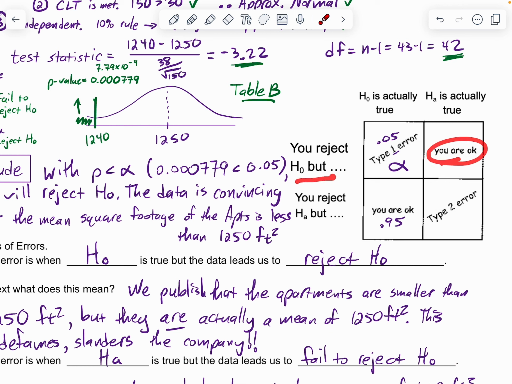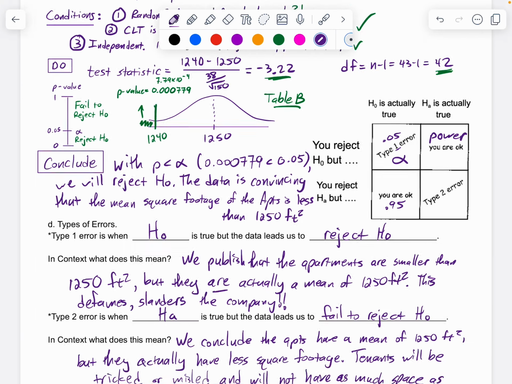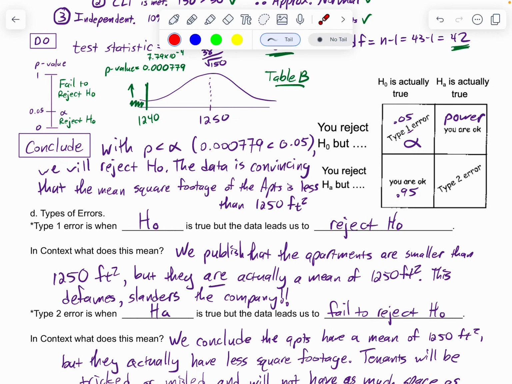You rejected the null, and you should have rejected the null, okay? This is the power, so I'm going to put the power in this box. The power and the type 2 error are complements. So this plus this must be 1, okay?